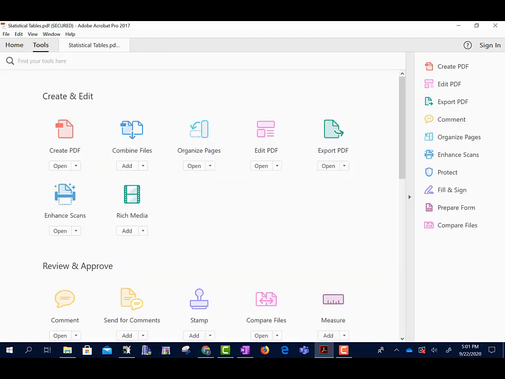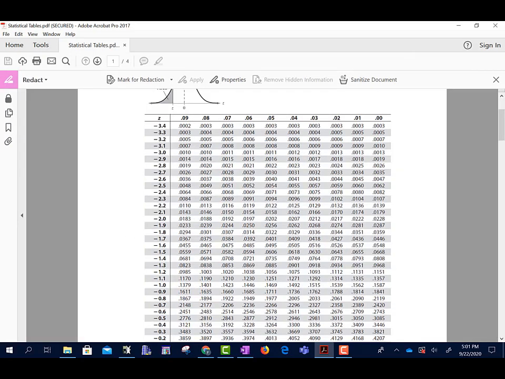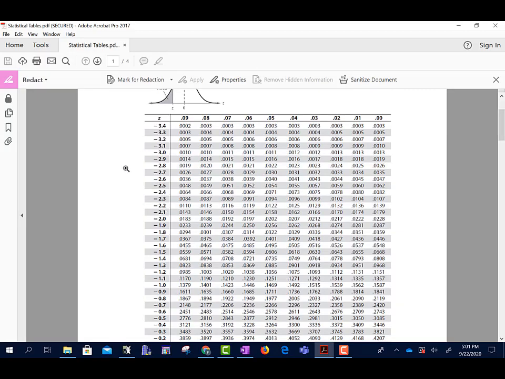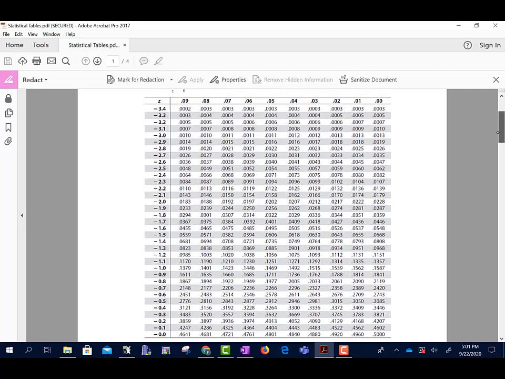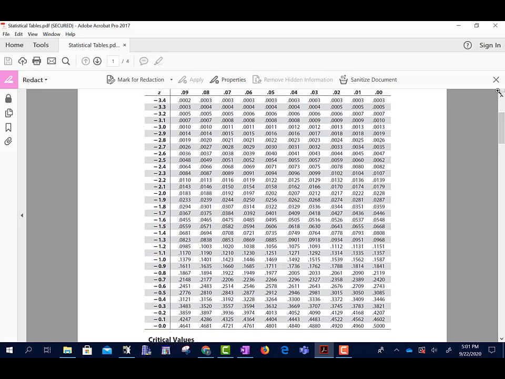Let me make sure that it's doing that. Now I'm going to look through all these values and figure out, do I see one that says 0.4761? And I believe I do.